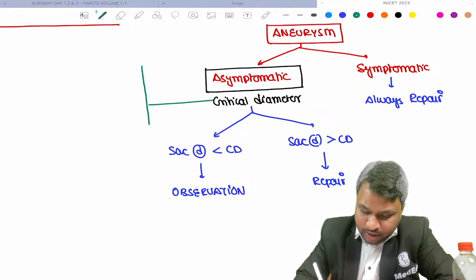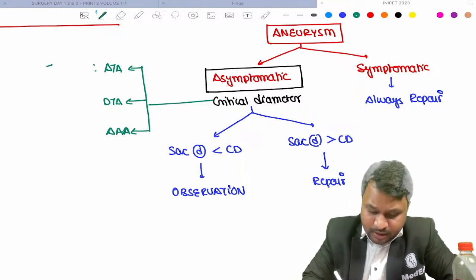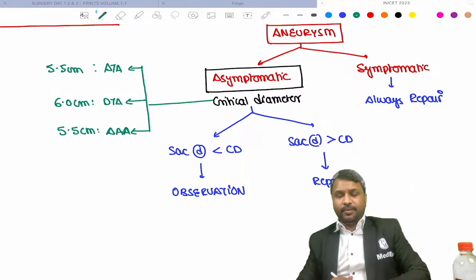Now, three important critical diameters that you need to know. Number one is your ascending thoracic aorta, descending thoracic aorta, abdominal aortic aneurysm. Ascending thoracic aorta is 5.5 centimeters, descending thoracic aorta is 6 centimeters, and abdominal aortic aneurysm is 5.5 centimeters. Right?